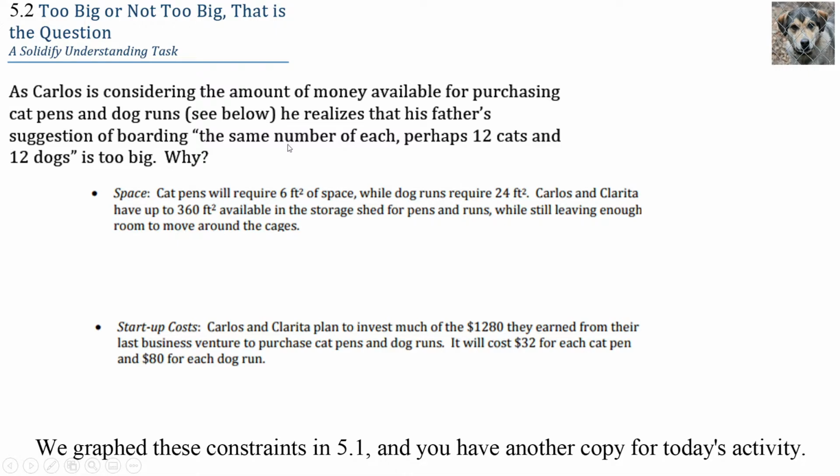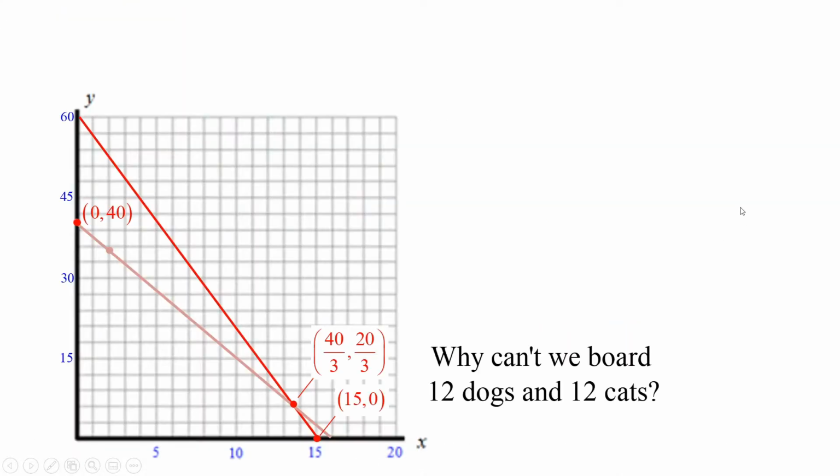Remember, we graphed these constraints in 5.1, and you have another copy for today's activity, so that's the graph we were just looking at. And here it is right here. So let's look carefully. Why can't we board 12 dogs and 12 cats? Remember, X would be our number of dogs and Y would be our number of cats.